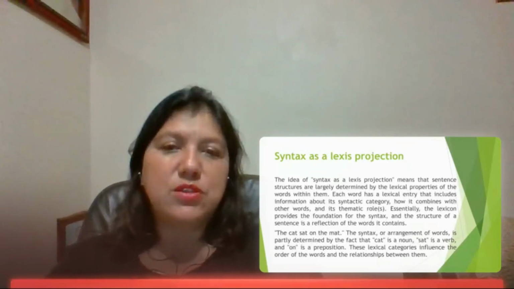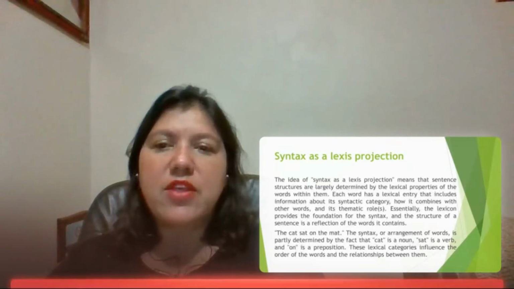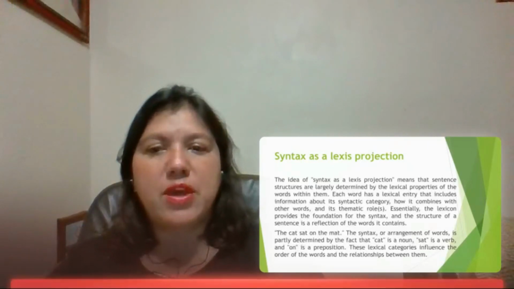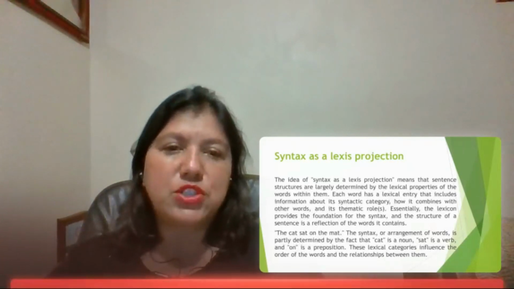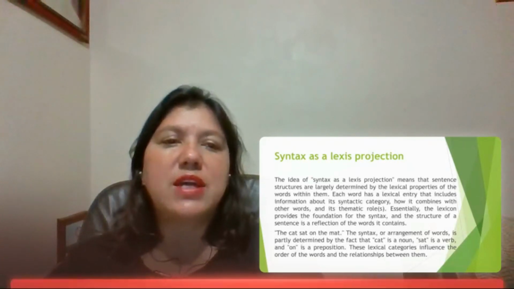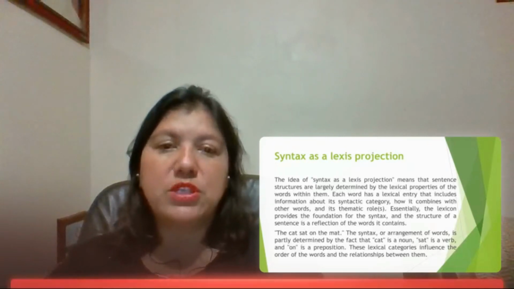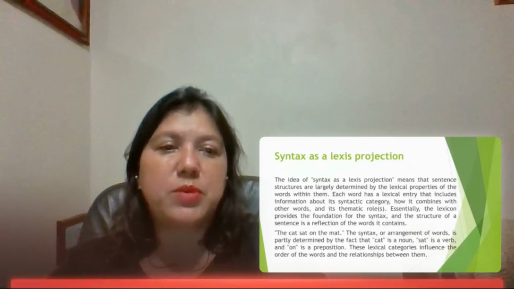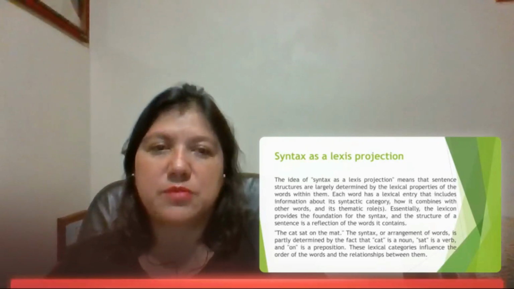These lexical categories influence the order of the words and the relationship between them. In essence, the idea of syntax as a projection of lexis highlights that the structure of sentences is not arbitrary, but is shaped by the inherent properties of the words used, as outlined by the lexicon.